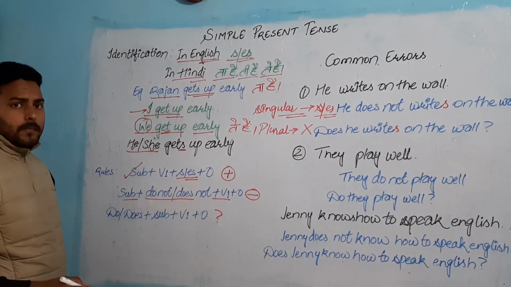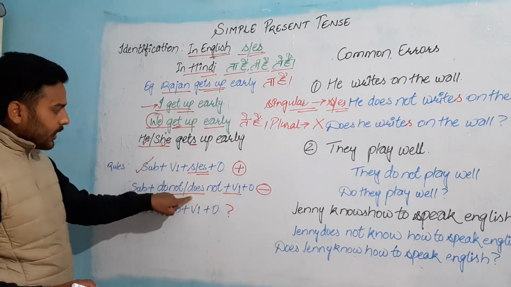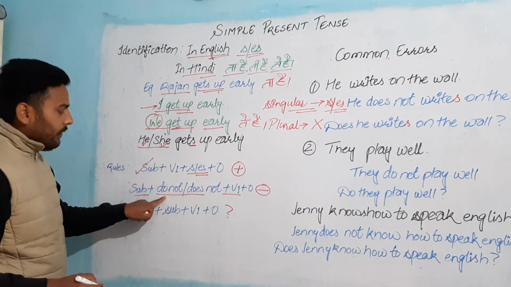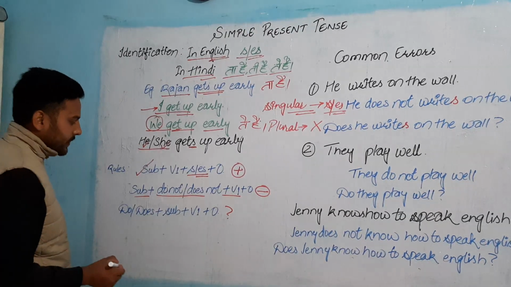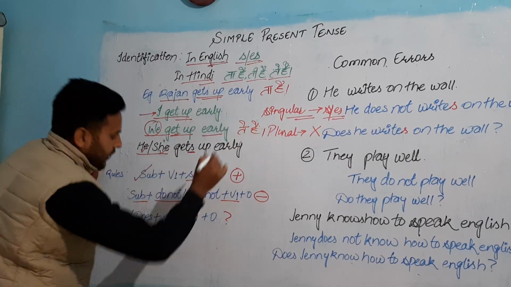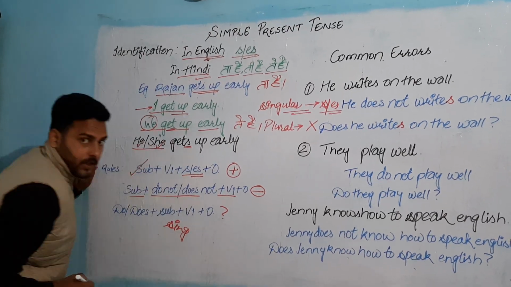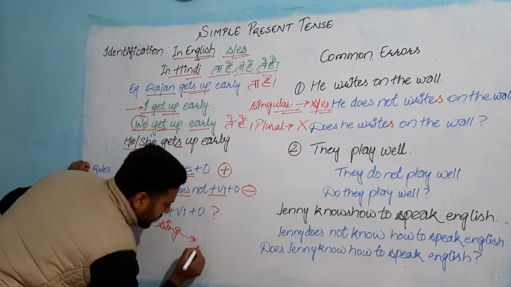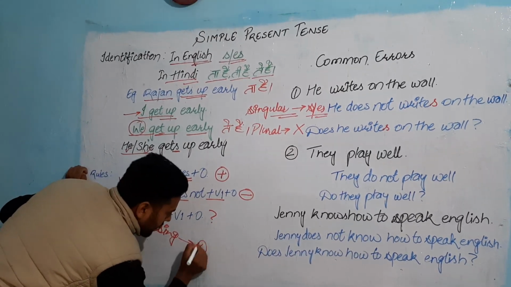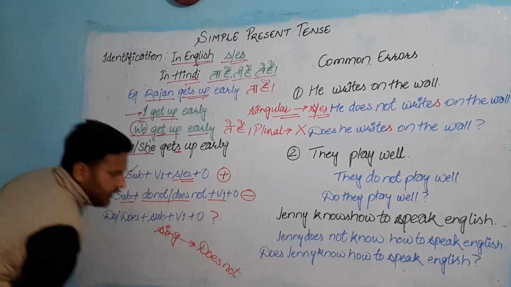Now we will learn this do not and does not. Where to use do not and where to use does not, we will understand. Look at here. With a singular subject, we will use does not.